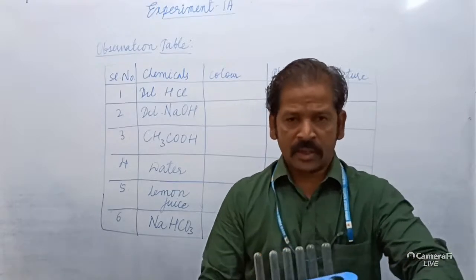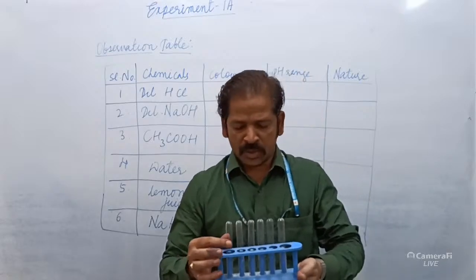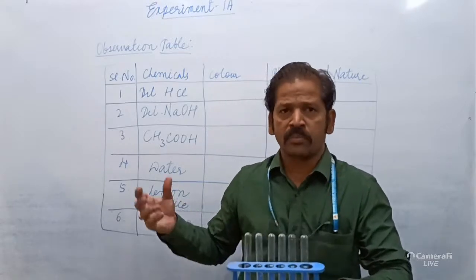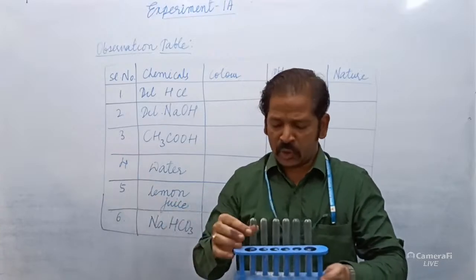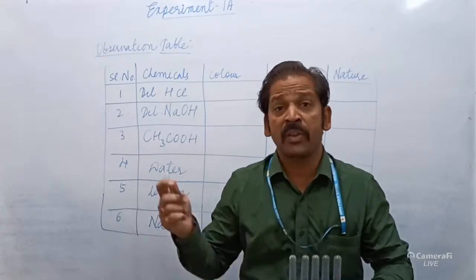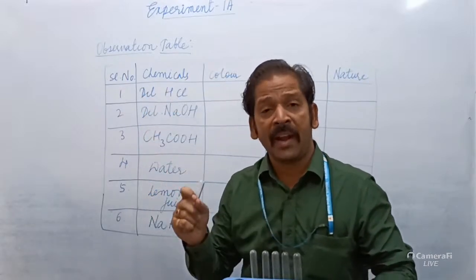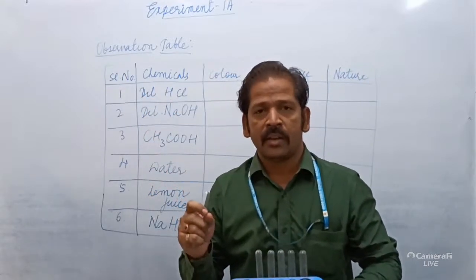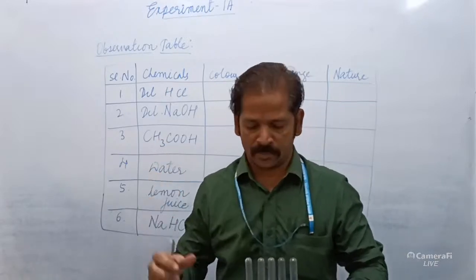Here are these 6 test tubes. I'll go through the procedure once again. Take a clean test tube and pour 2 to 3 ml of these solutions. First start with the dilute HCl, and you have to add a chemical, the universal indicator.